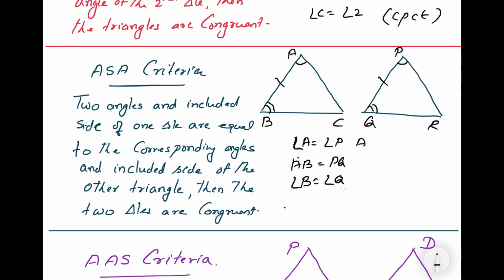So this is A, this is S and A. So by ASA criteria, we can say triangle ABC is congruent to triangle PQR. So the other parts, angle C will be equal to angle R, then BC will be equal to QR, and then AC equal to PR. We can conclude that.